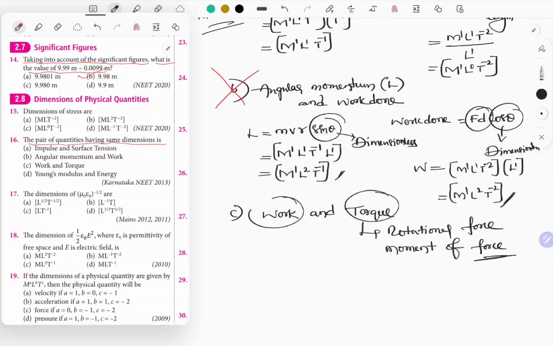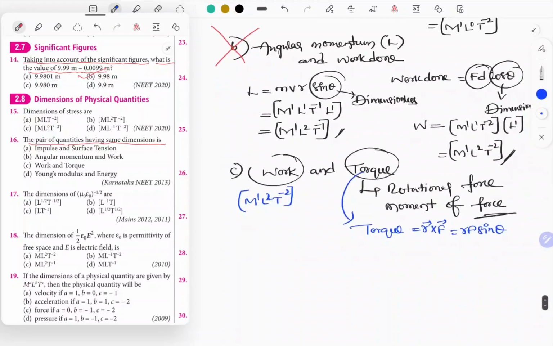Now work done, just now I have explained. The dimensional formula for work done is M power 1, L power 2, T power minus 2. Now we have a formula for torque. Torque is equal to R bar cross F bar, which is equal to R F sin theta. It's not P, be careful with this. Sin theta is a dimensionless quantity.